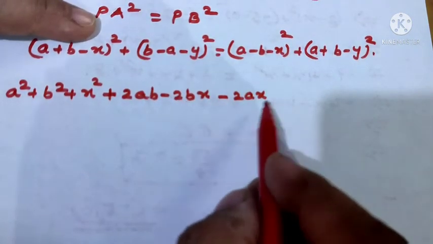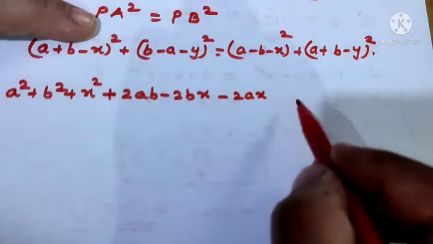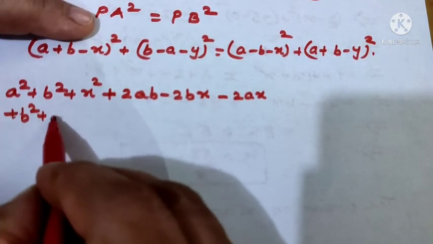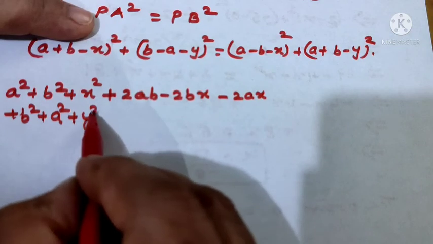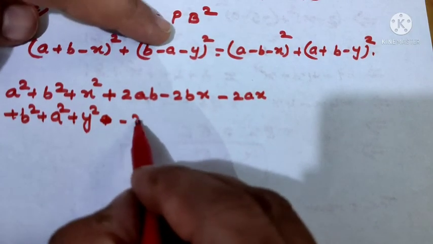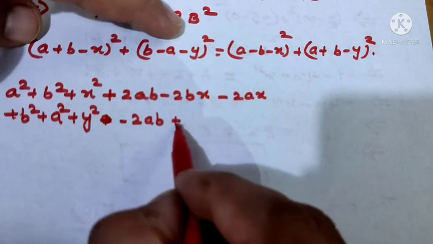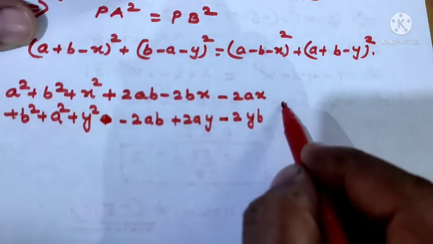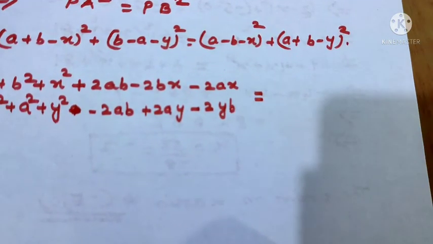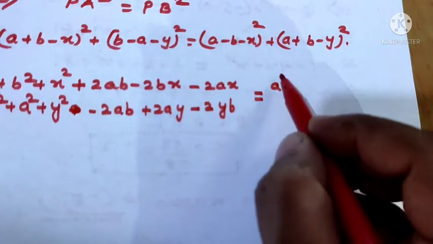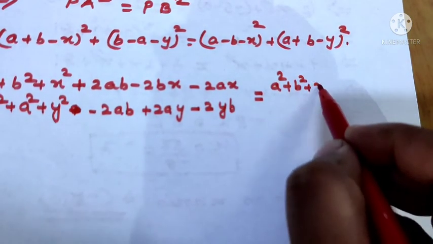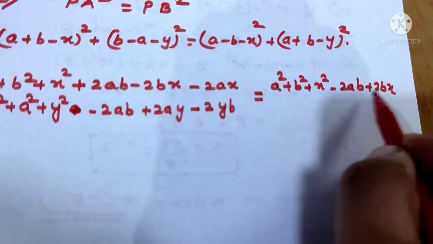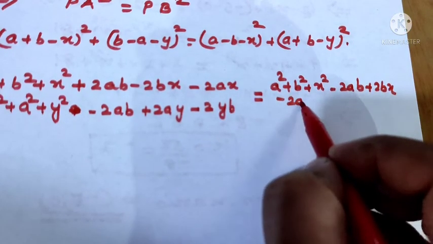Again what is the next? It is left side only we are having, so b square plus a square plus y square, minus will come, minus 2ab plus 2ay minus 2yb, which is equal to the other side, a square plus b square plus x square minus 2ab plus 2bx minus 2ax.